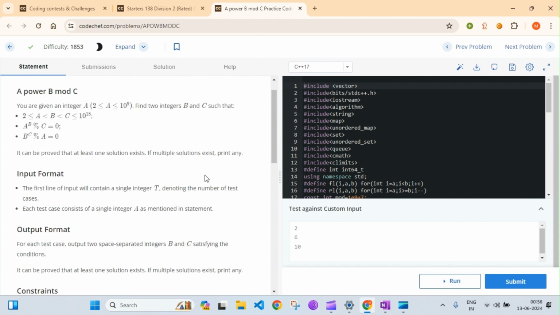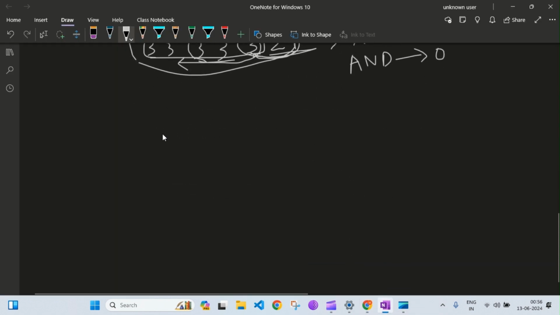So if some number A is given, and you take another number A square, then in between them, if you take any number greater than 2, like let's say some x which is greater than 2, then definitely A to the power x is divisible by this A square, right?